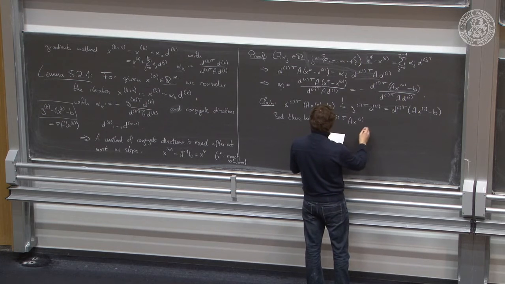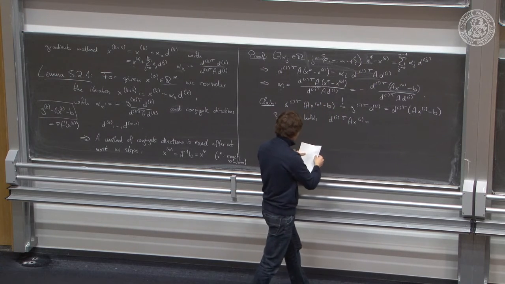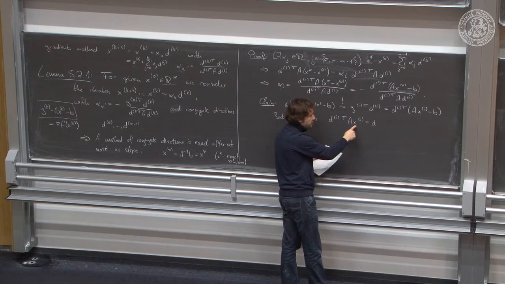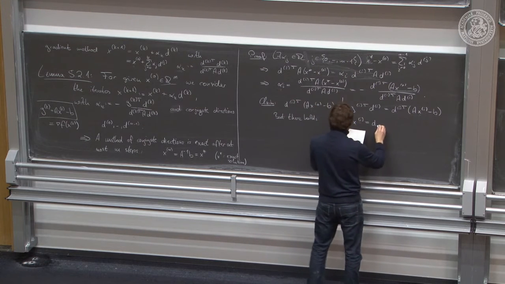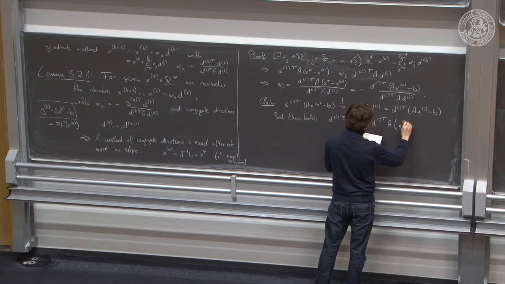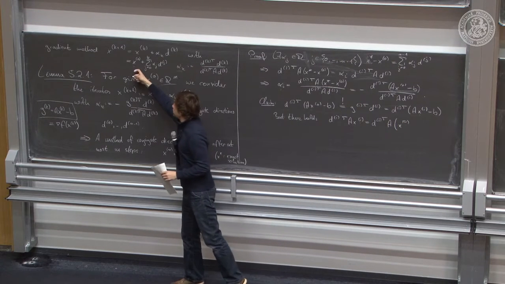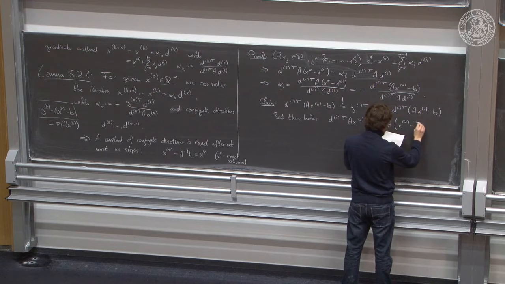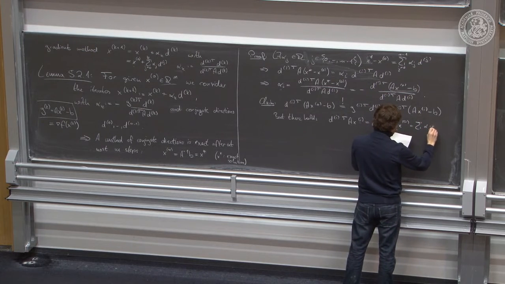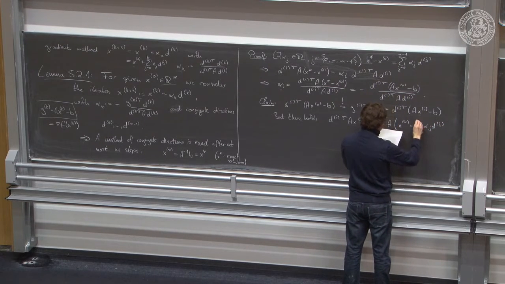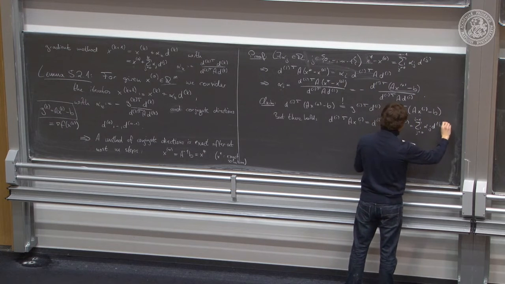Now I rewrite the ith iterate x_i as follows. This is nothing but the initial data plus the sum of alpha_j d_j from j equals 0 to i minus 1.